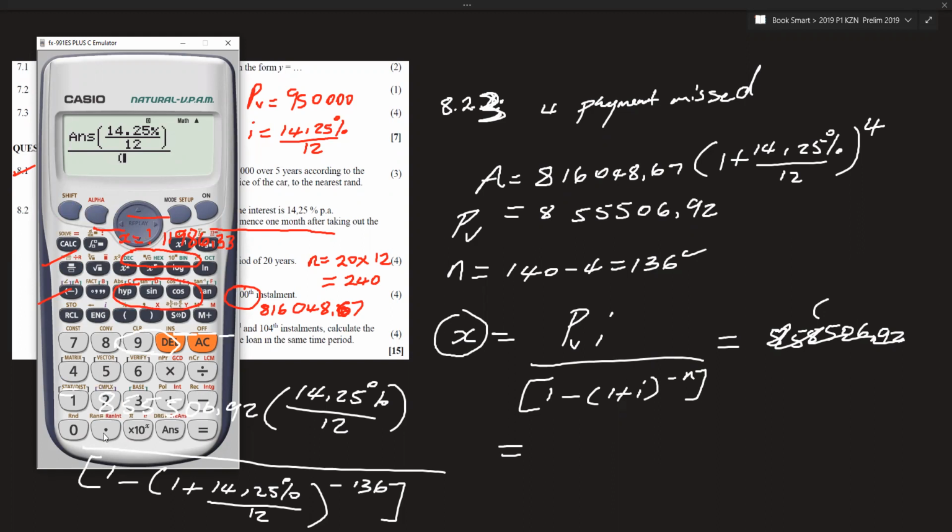And then we go down, open a bracket, 1 minus 1 plus 14.25 shift percent all over 12, and then that to the power of negative 136. Then this should give us R12711.51.